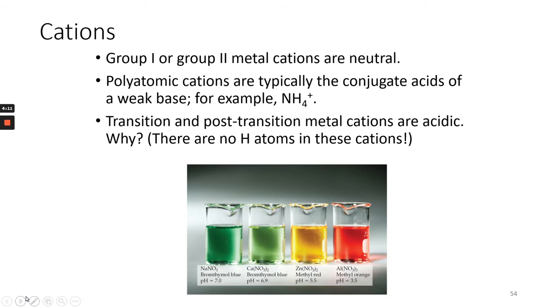So let's talk about cations now. If your cation is a group 1 or 2 metal, then it is neutral. Because if you were to add an OH to those, you would see that they would give you your strong bases. So they are the conjugates of the strong bases, sort of.